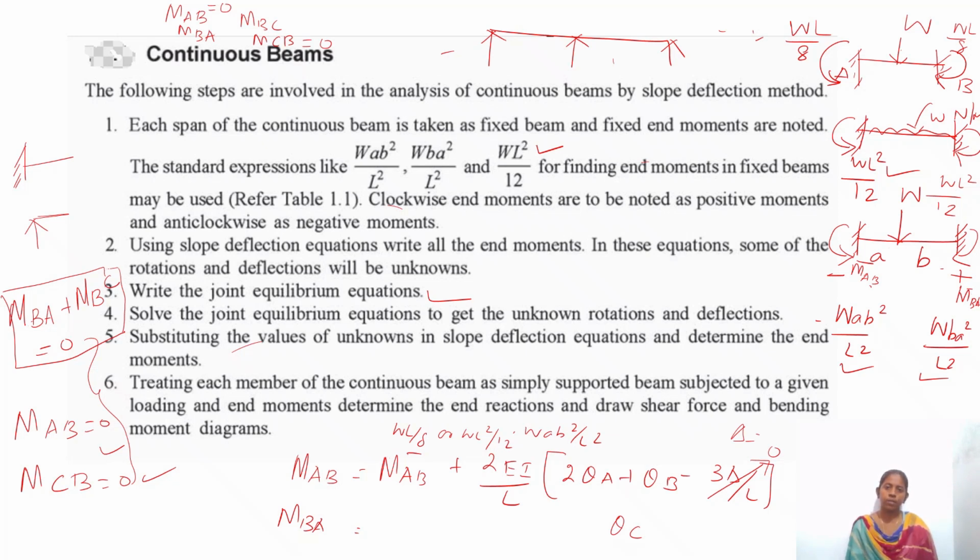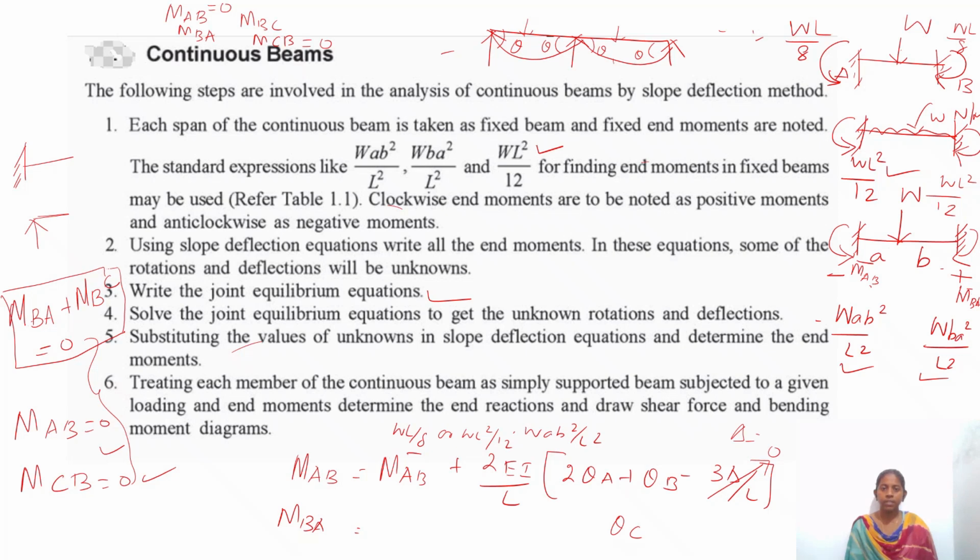Here, if it is acted upon by a loading, the general deflection profile is like this. Here the theta will be available, here available, here also available, here also available.